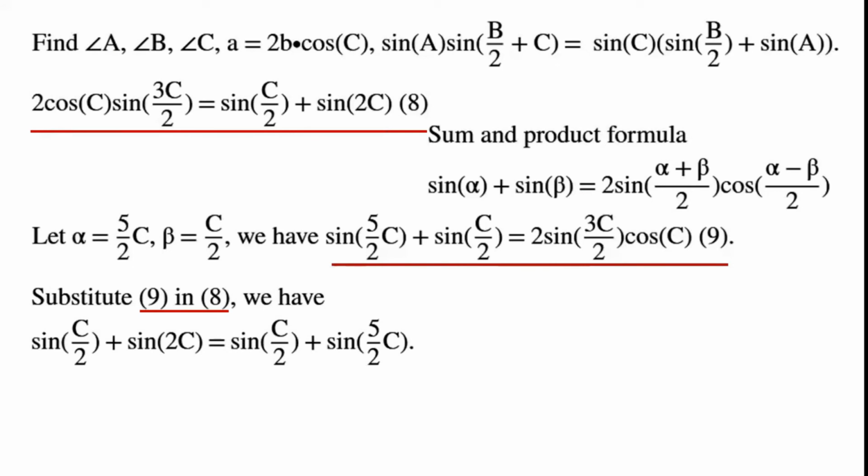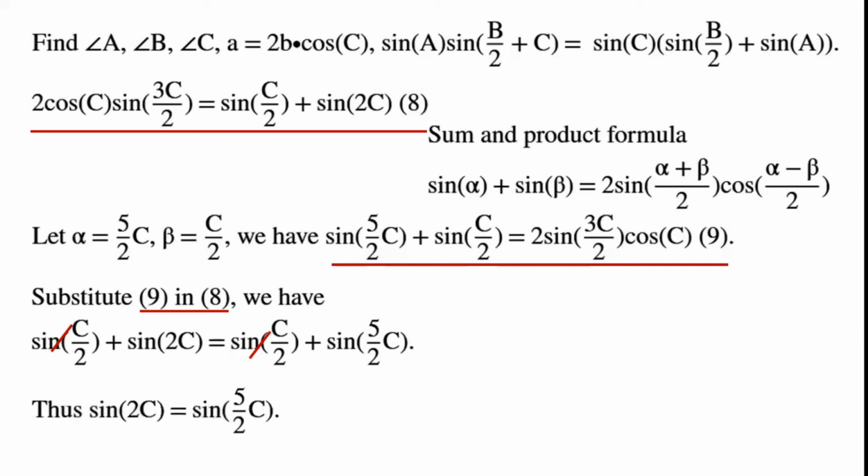Substitute 9 in 8. We have sin(C/2) + sin 2C = sin(C/2) + sin(5C/2). The sin(C/2) on the left-hand side of the equation and that on the right-hand side cancel.